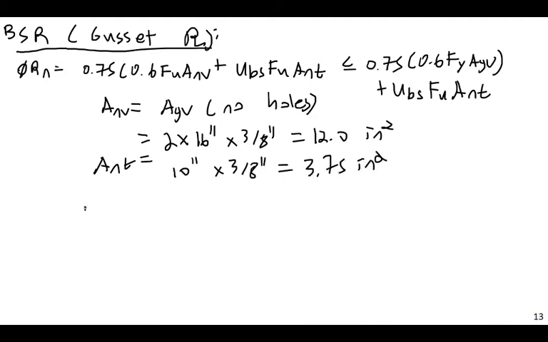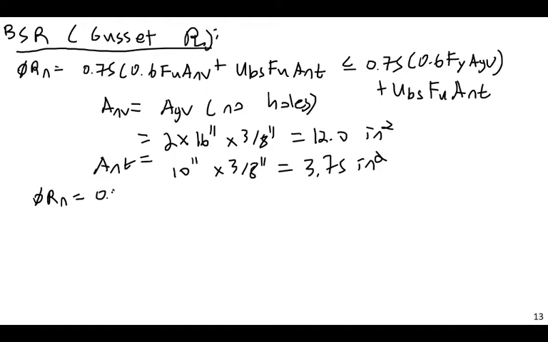So therefore, putting this all together, phi Rn is equal to 0.75 times 0.6 times 58 times 12 plus, basically, I'm going to calculate both sides of this equation, and the phi is already baked into this.